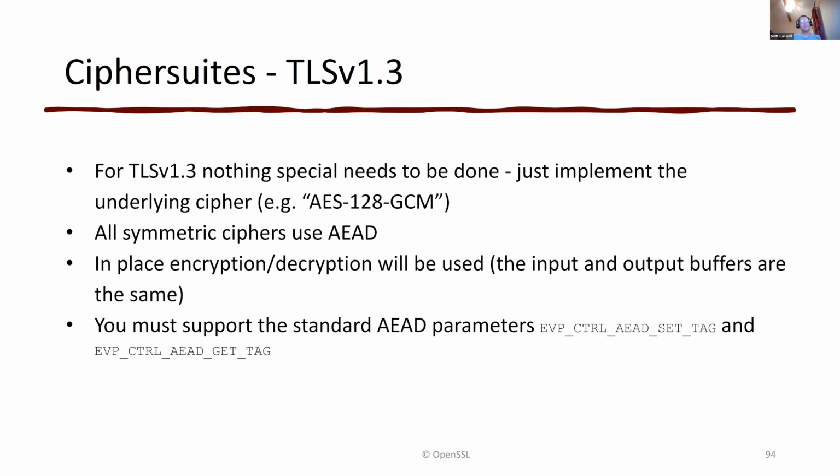All the symmetric ciphers are AEAD ciphers. In-place encryption and decryption will be used, so the input buffer and the output buffer are going to be the same. And you just need to support the standard AEAD parameters, so the set tag and the get tag parameters, as you would if you weren't being used in TLS. So it's much, much easier.